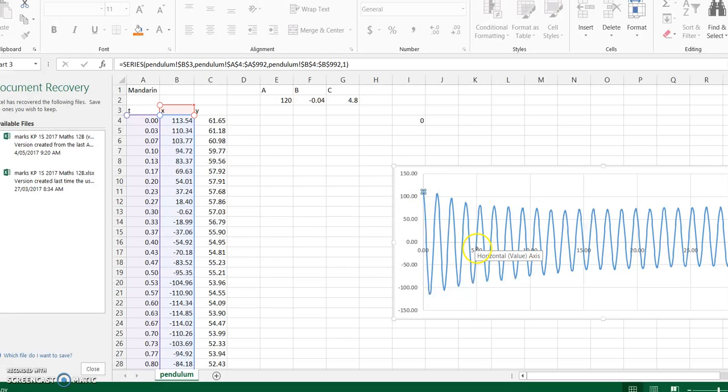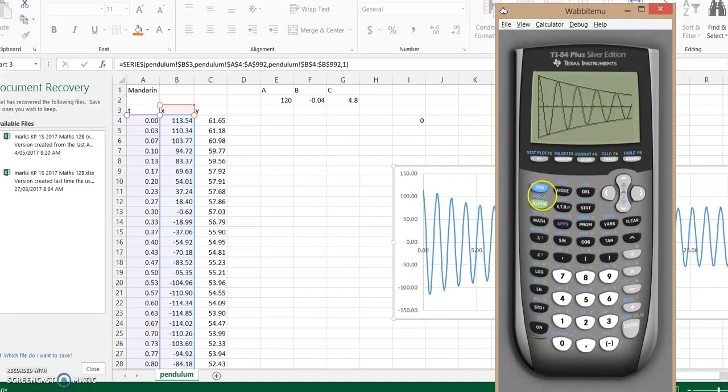So it's actually slightly more than 1, like 1.1 or something, my period might be. So 2 pi divided by 1.1 would give me an estimate of 5.7 for my C.